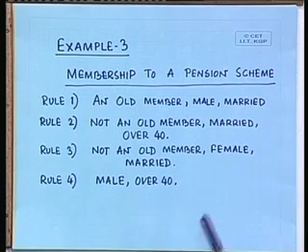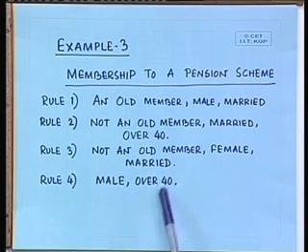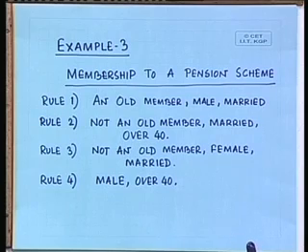Now, when all these criteria had been taken care of, some people pointed out that a person who is not an old member is given some benefits, whereas old members are not given the benefit. For example, if someone is an old member, married and over 40, what will happen? You see those kinds of anomalies. So people thought, okay, forget all these, let us make a sweeping rule. What is this sweeping rule? Anybody who is married will be given this facility.